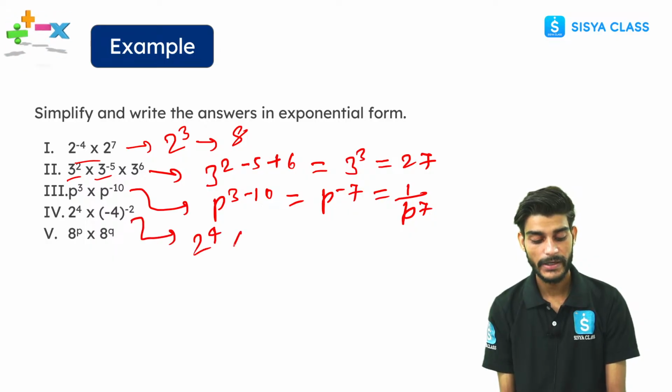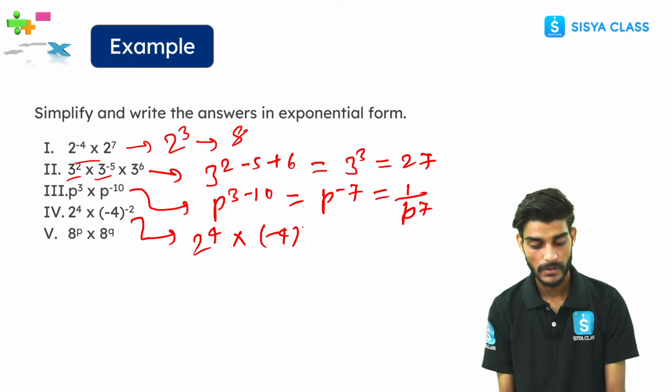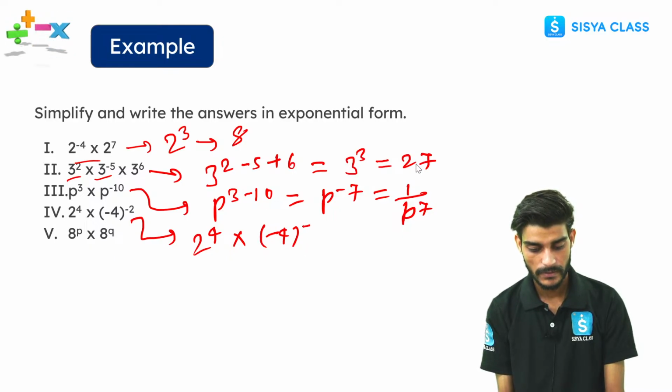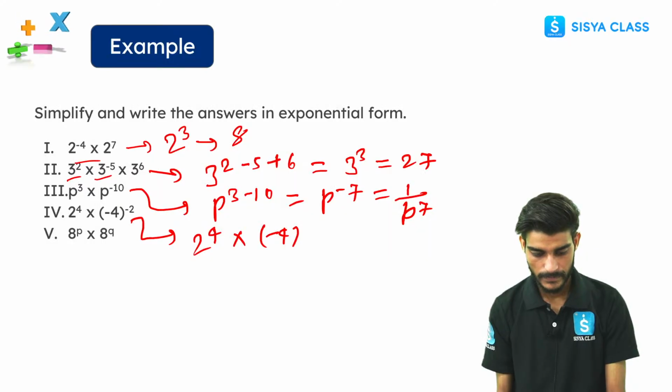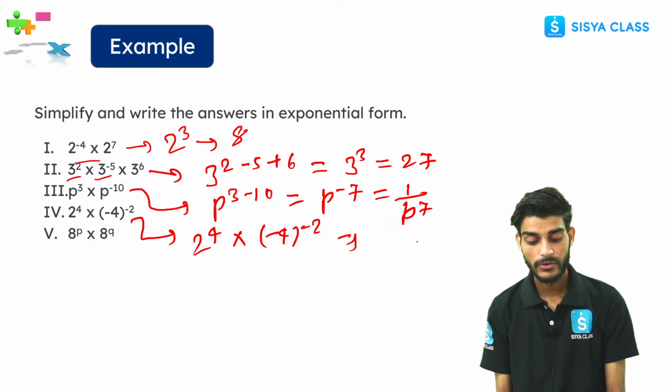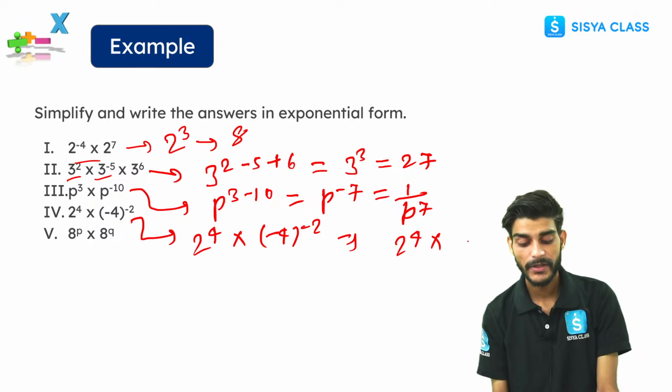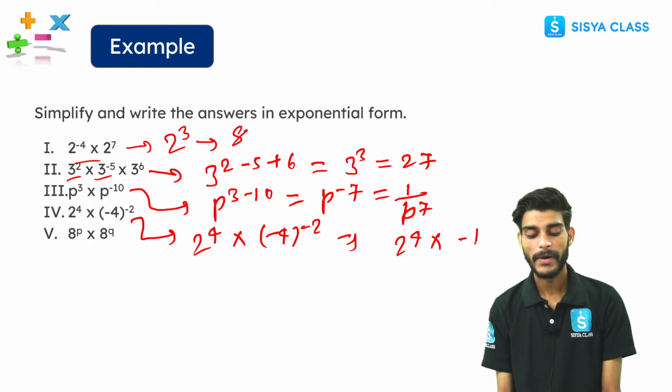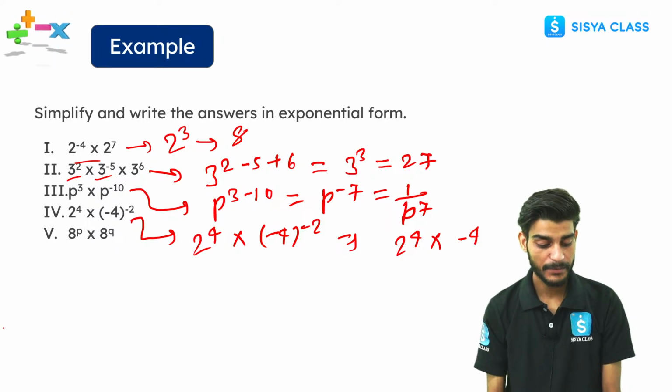2 power 4 into minus 4 raised to the power minus 2. Now this is important. Why? Minus 4 raised to the power minus 2, 2 raised to the power 4. What I told you, when we have negative powers, to make it positive, just take the reciprocals.